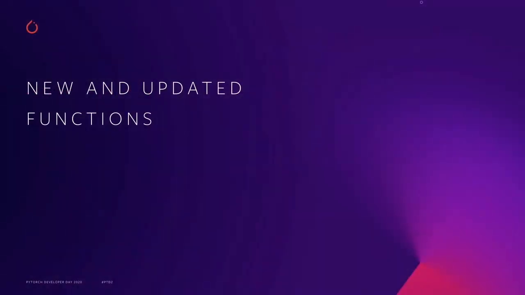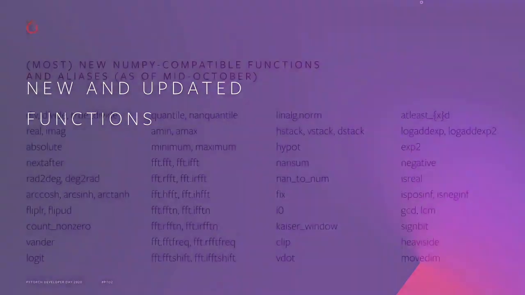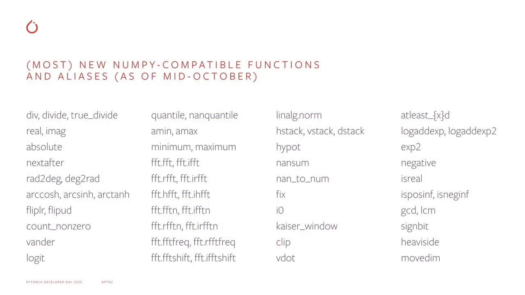Now let's talk about how we've done that in PyTorch 1.7 and why it's the most NumPy-compatible version of PyTorch we've ever released. It's because we've added a ton of new operators that NumPy had, but PyTorch was missing, and even updated some older PyTorch operators whose behavior was different than their corresponding counterparts in NumPy.